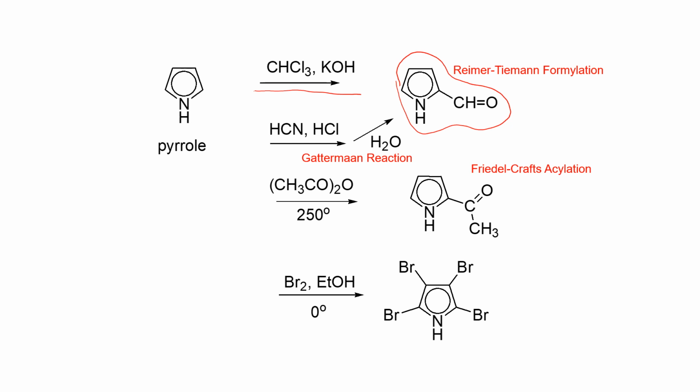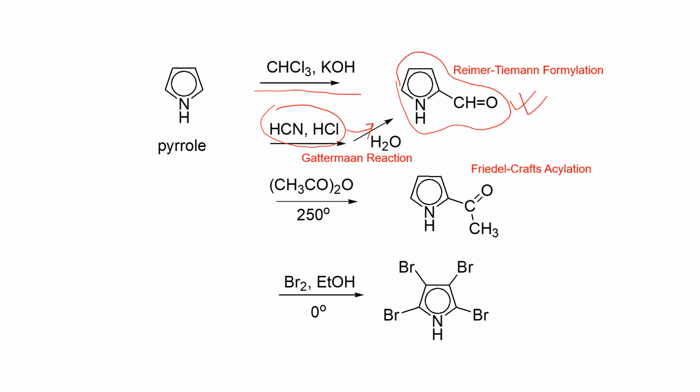Similarly, when we do the Gattermann-Koch reaction with pyrrole, the same type of product will be produced as in the Reimer-Tiemann reaction. During the Gattermann reaction, the reacting substances are different from the Reimer-Tiemann reaction, that is, pyrrole or any aromatic compound will react with hydrogen cyanide and hydrochloric acid, and after hydrolysis with water, an aldehyde group will be introduced to the aromatic compound, and in case of pyrrole, that aldehyde group will be substituted at position 2, as we already know that the 2 substituted product will be the major product.